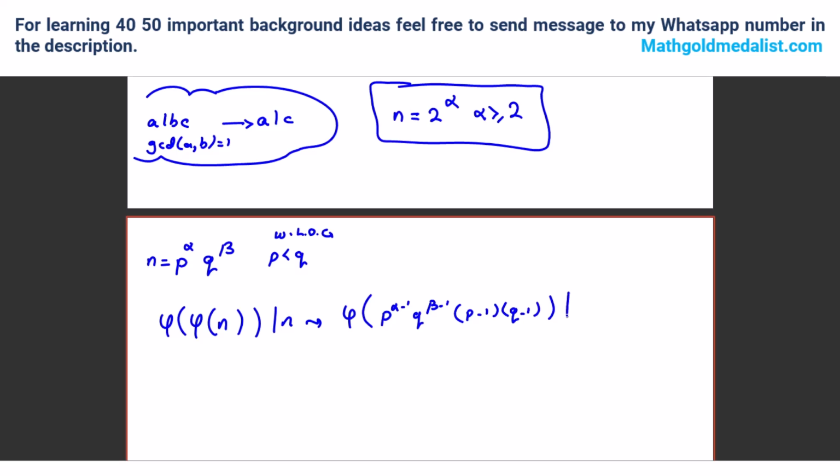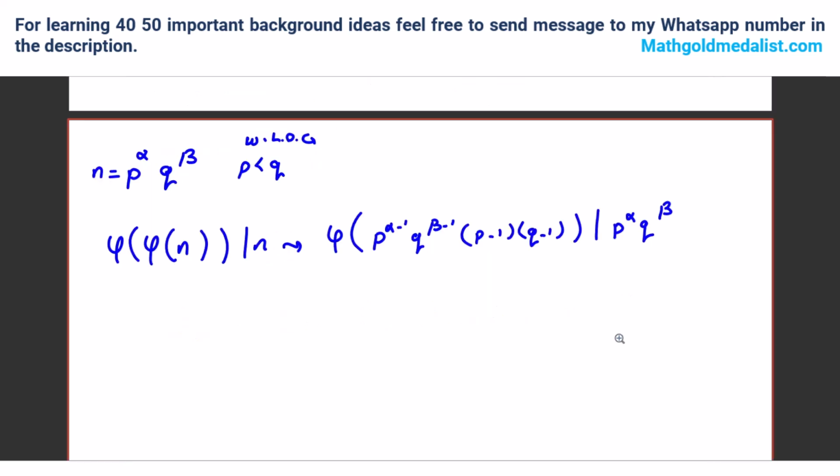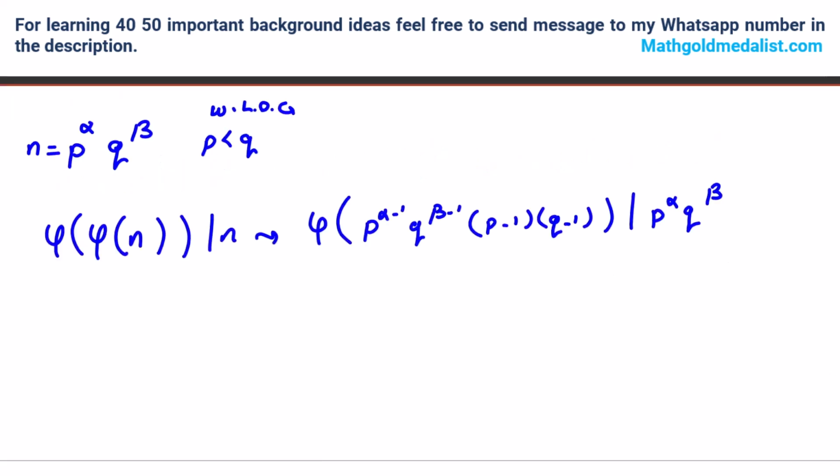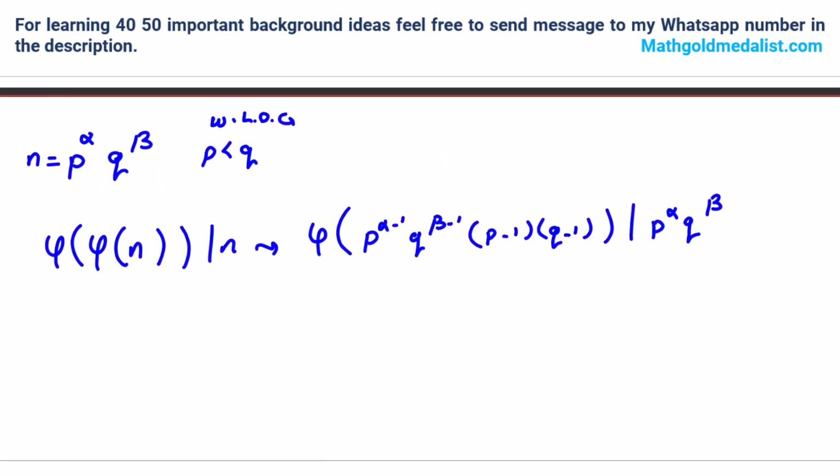Divides what? Divide P raised to alpha Q raised to beta. Or N. Exactly. So now we know Q is greater, right? And Q minus 1, do you agree we can write it as phi of Q because we know Q is relatively prime to all these numbers, right?